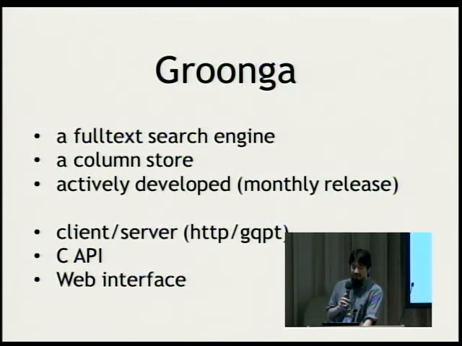Groonga has client and server mode, and Groonga understands HTTP. So actually, if you don't need to do anything special, just use curl or something to do most of the things. And Groonga provides a C API, and Groonga has a default web interface, so you don't need to create anything.